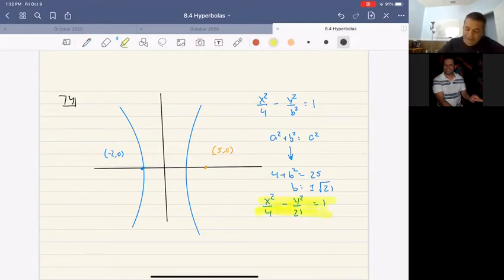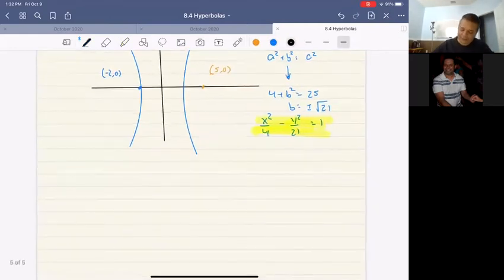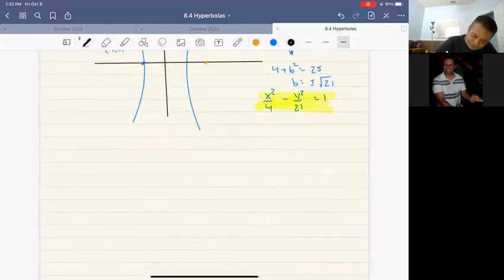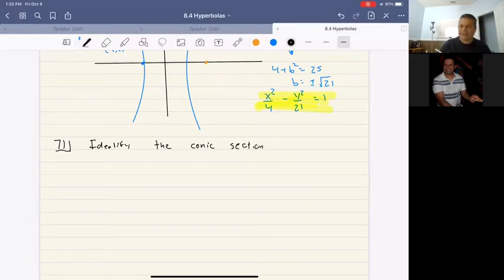Okay, let's go back and do 71 and 72. Those are a little different. 71 says, identify the conic section and sketch the graph. I'm not going to sketch it.